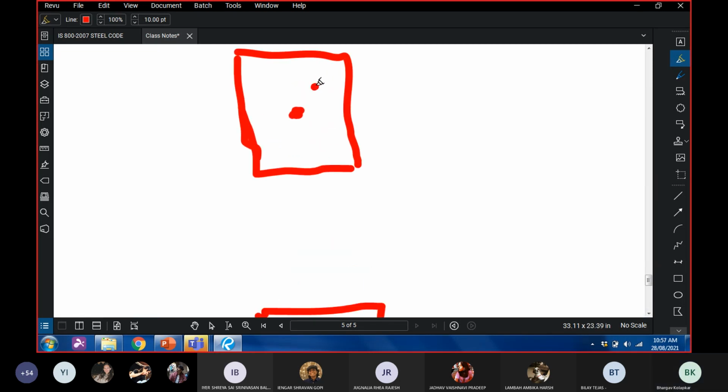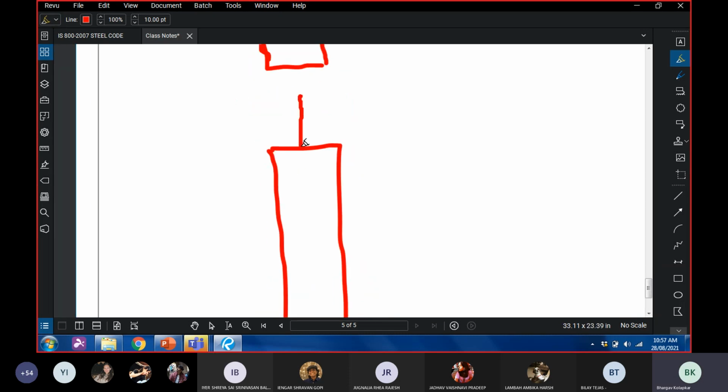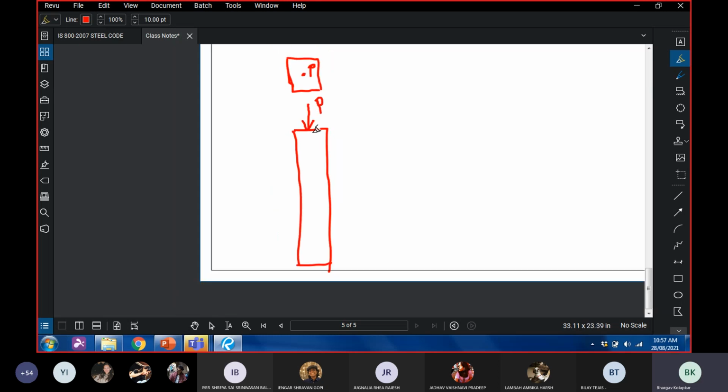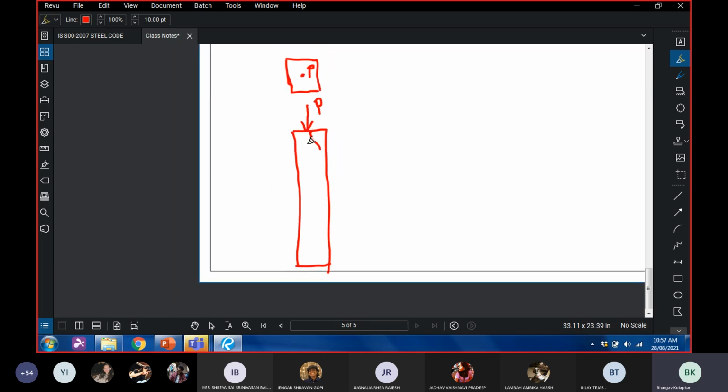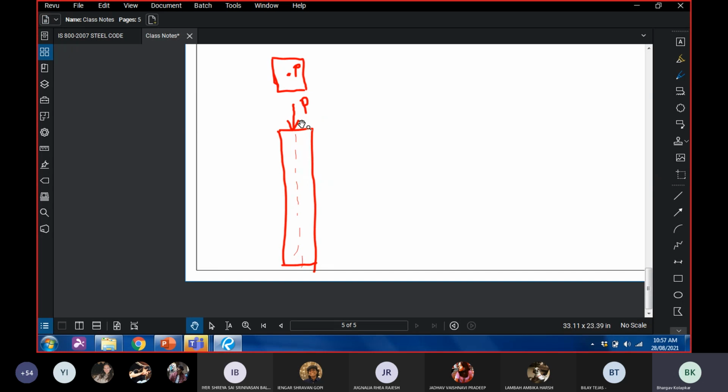So this is where the axial load should act, or in the elevation, along the axis of the member. This is the longitudinal axis of the member that passes through the centroid of the section. If and only if the line of action of the force is along this line, only then we call it a compression member.